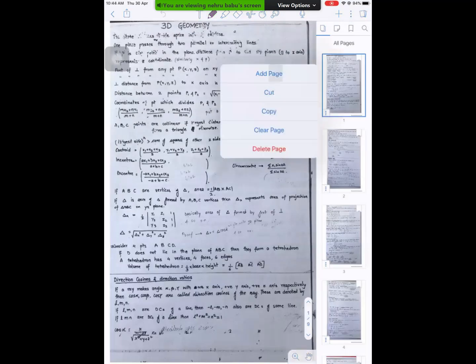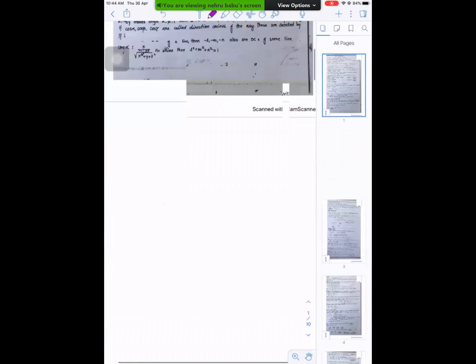If you take the point XYZ, with the x-axis, y-axis, z-axis, the foot of the perpendicular on the x-axis is (x, 0, 0). That's why this distance is root y square plus z square.